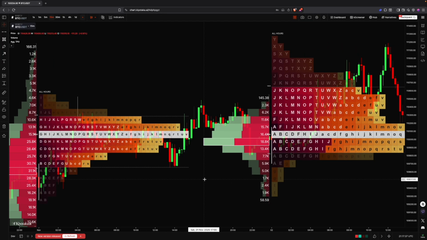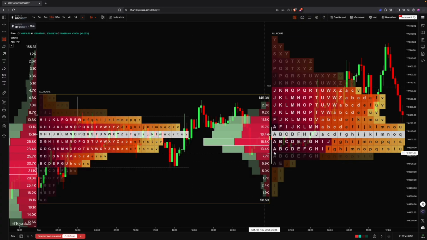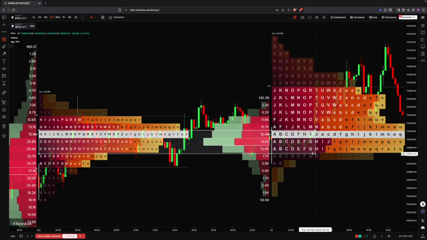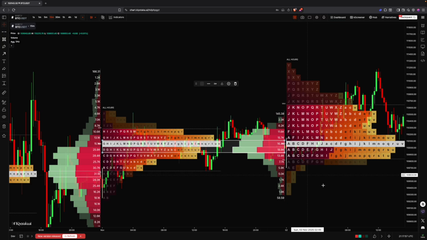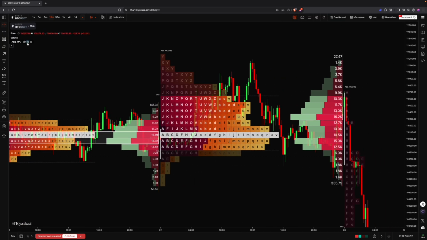But why I like to use this is because this gives you a full picture of supply and demand during a given session. So if I, for example, put a box around here, I know that this is the fair value, right? I want to highlight this as a point of interest as I trade forward into time.